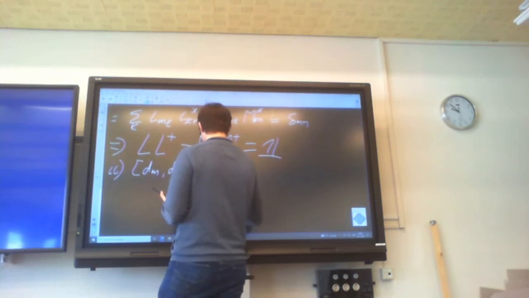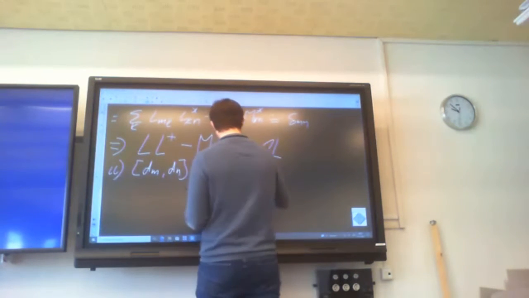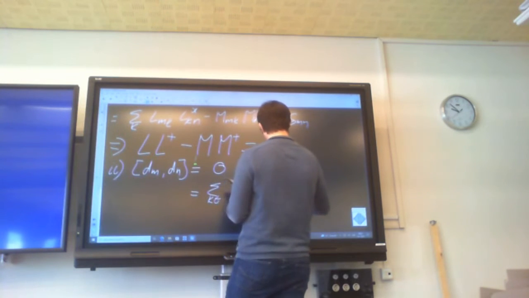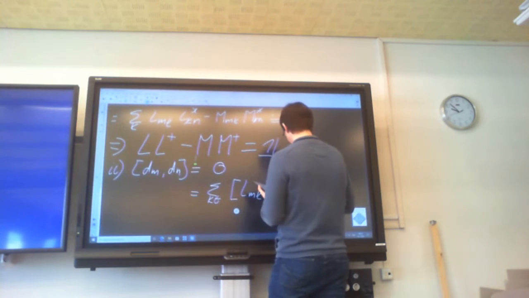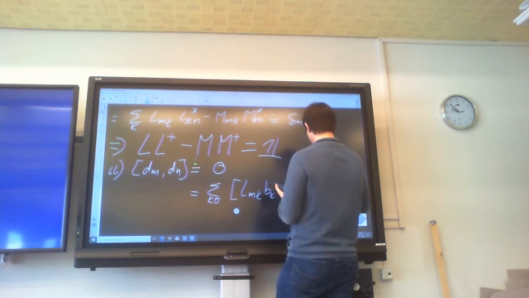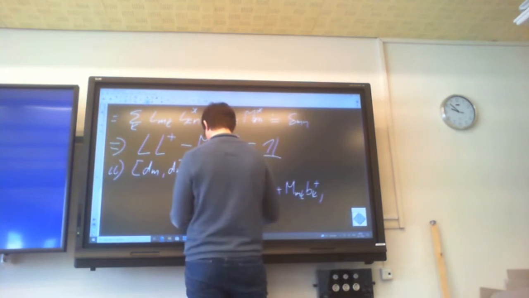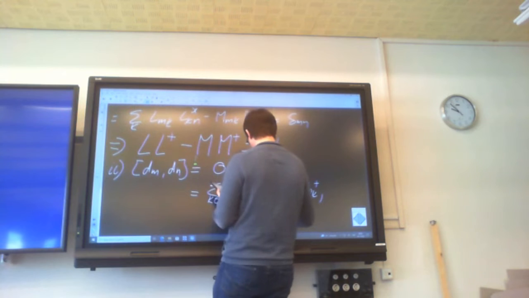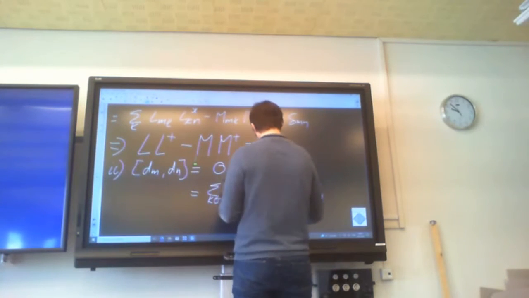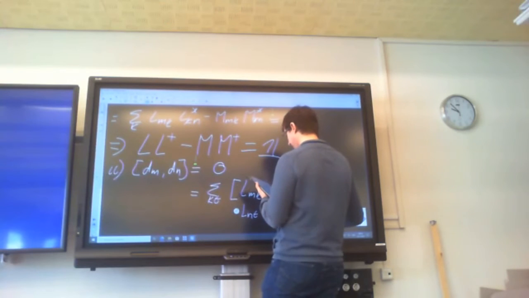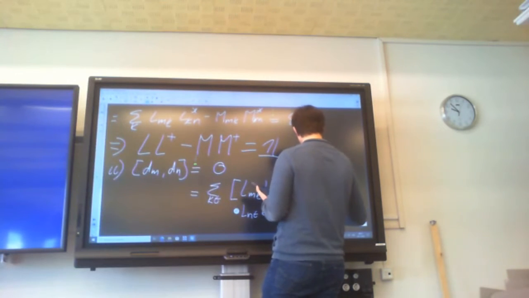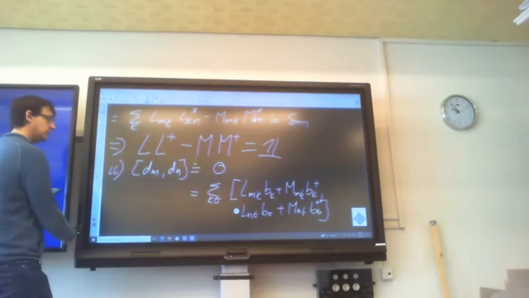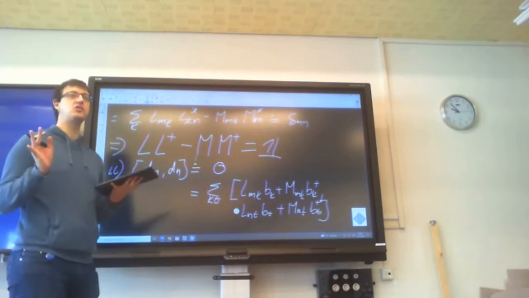So the sum over k and t of L_{mk} b_k plus M_{mk} b_k dagger, and L_{nt} b_t plus M_{nt} b_t dagger. The procedure is exactly the same as follows.